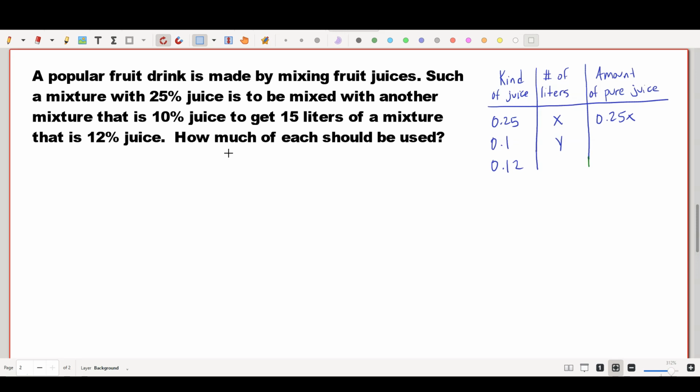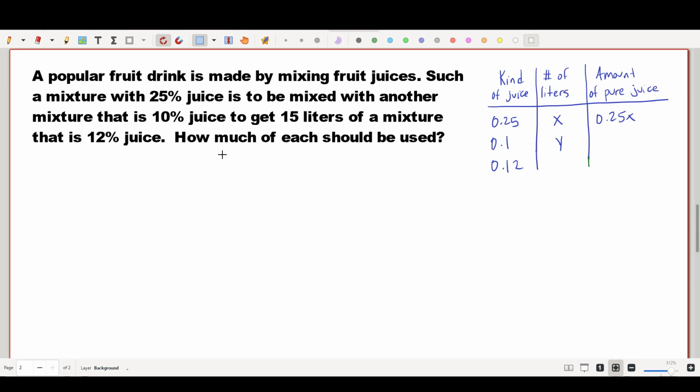But however many liters we use, the amount of pure juice would just be to multiply those together. So if I had 4 liters of this first type of juice, I multiplied 4 times 0.25, that would be 1. I would have 1 liter of pure juice in there.